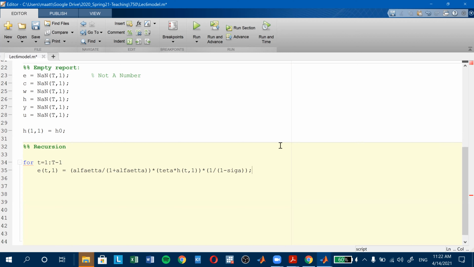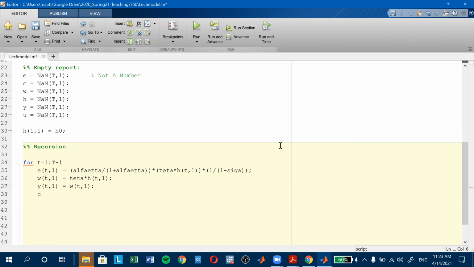So I know what ET is. I also know what WT is. WT was equal to theta times HT, and this is also equal to output. This is the simple model.